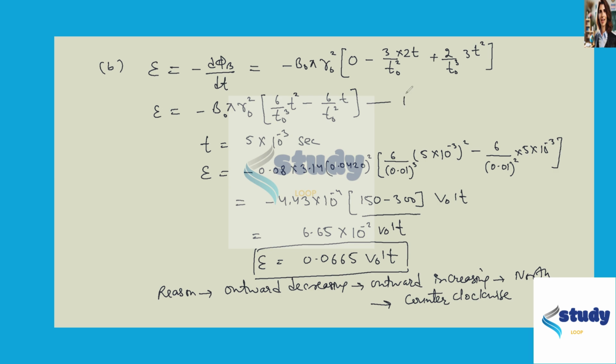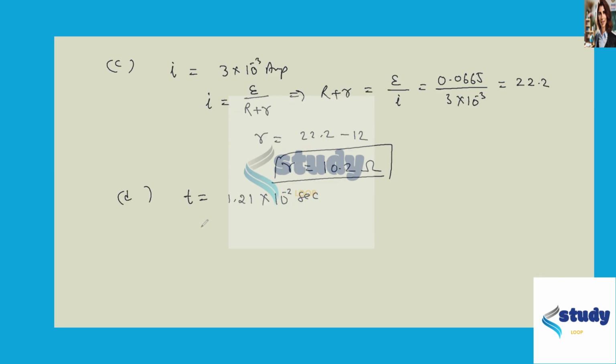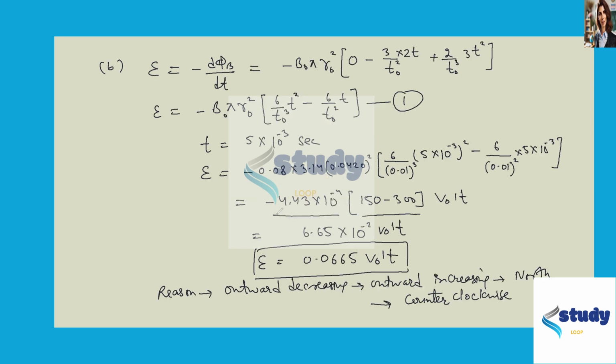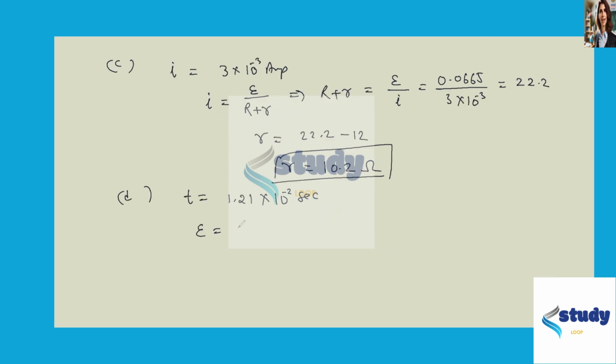Putting the values in equation number 1 again, we will get the EMF induced. The constants outside the bracket will have the same values because there is no time included in them. So here it is minus 4.43 into 10 raised to the power minus 4 bracket.